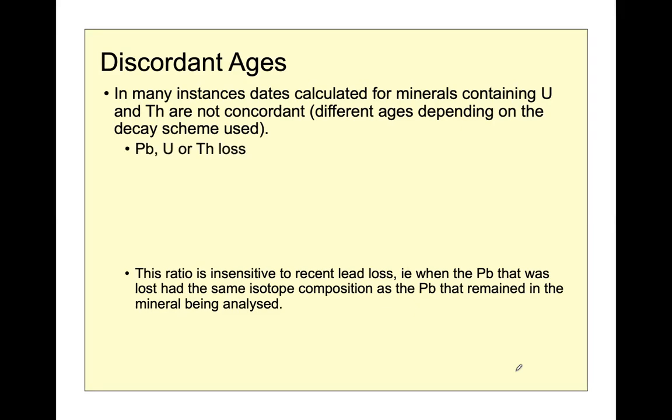So this can be lead, uranium, or thorium loss. There can be opportunities for these elements to be lost from the system, because these elements are highly volatile compared to other elements like strontium and neodymium. They are not non-volatile, but these are volatile.